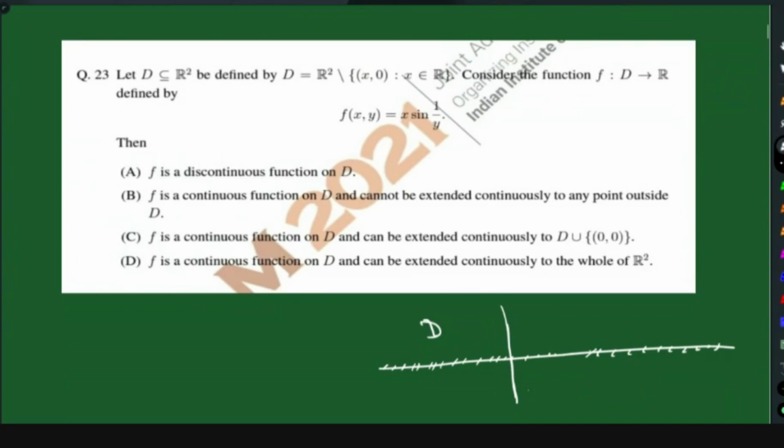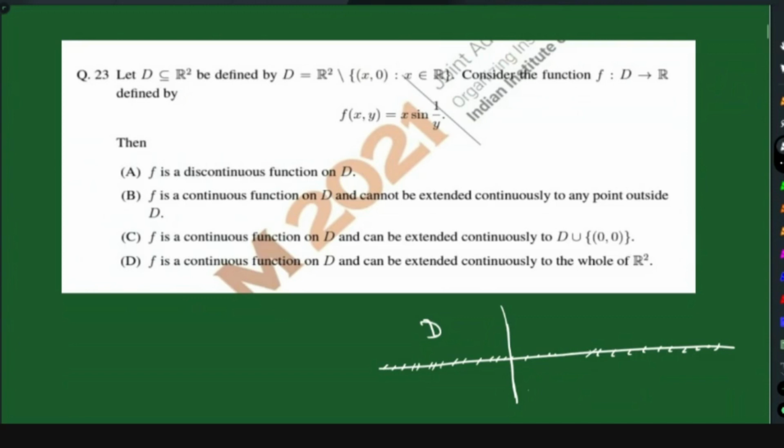Because x is a polynomial, that is fine, and you have 1 by y, which is continuous apart from where y is equal to 0. Those points I already removed. So 1 by y is continuous on the other portions. Then sine of 1 by y, you can think of as a composition, is also continuous. So the product of continuous functions will give you a continuous function on the entire domain D. The x-axis only has the trouble: once y is 0, sine 1 by y becomes a problem.